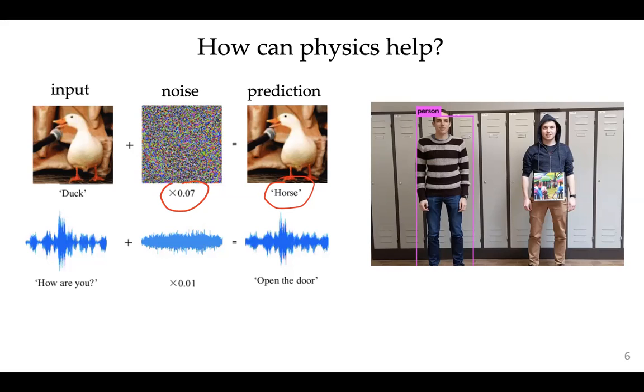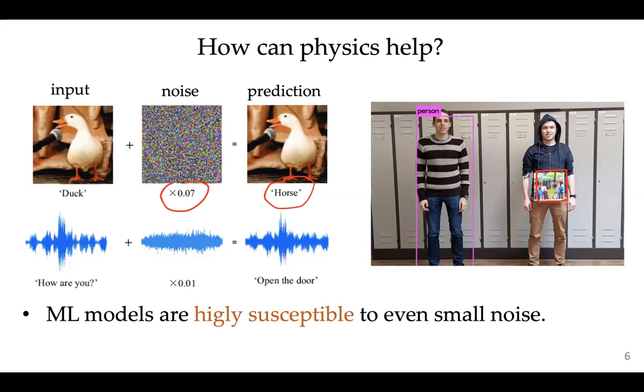The reason is that there is a picture on the person, which confuses the model, so there's really no prediction here. Machine learning models are highly susceptible to even small noise.